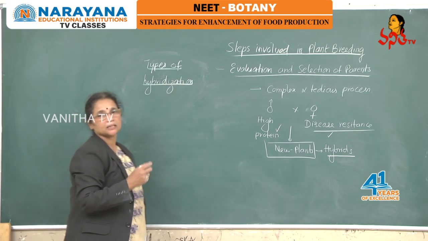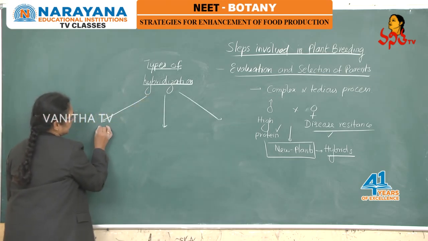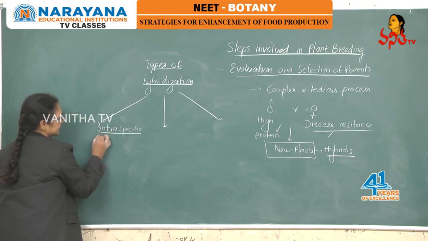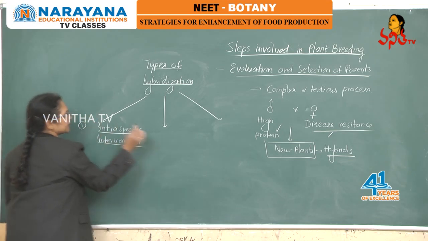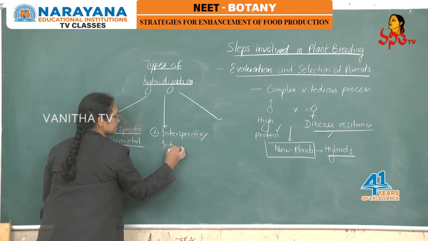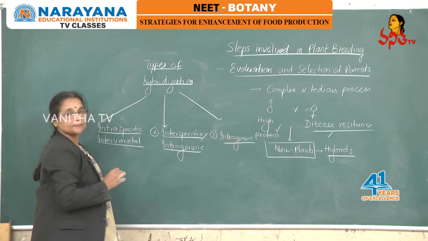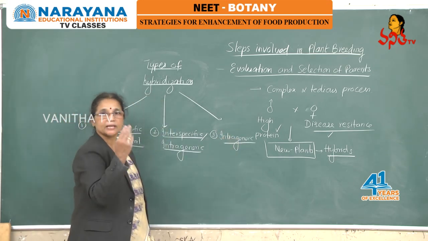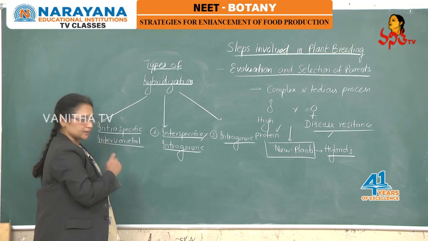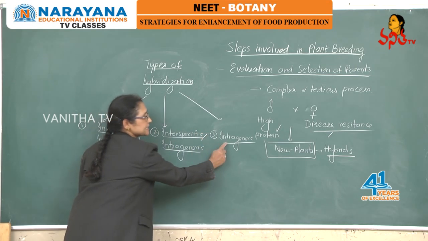Here, based upon the plants we select, we can divide them into 3 types: intraspecific or intervarietal, interspecific or intrageneric, and the third one is intergeneric.